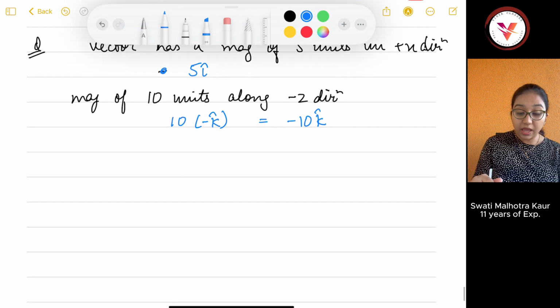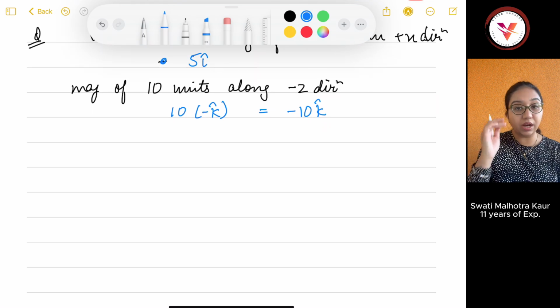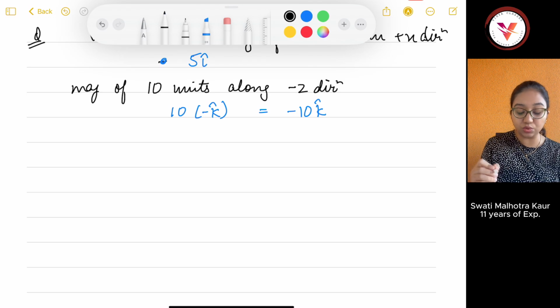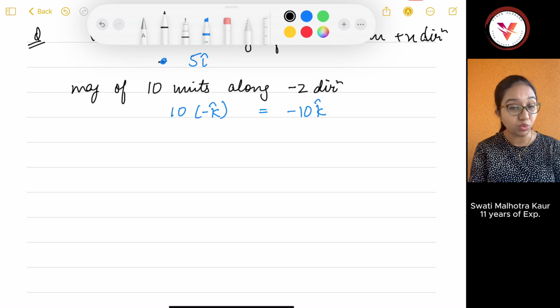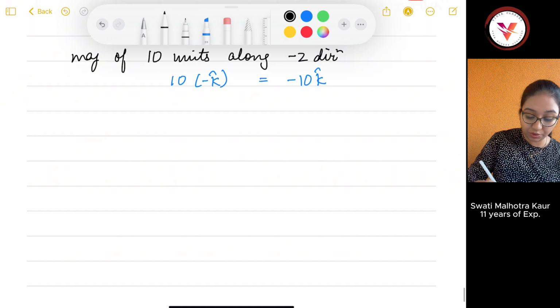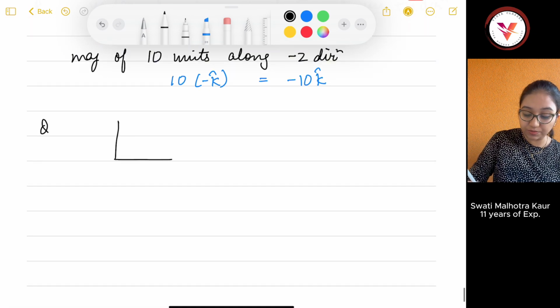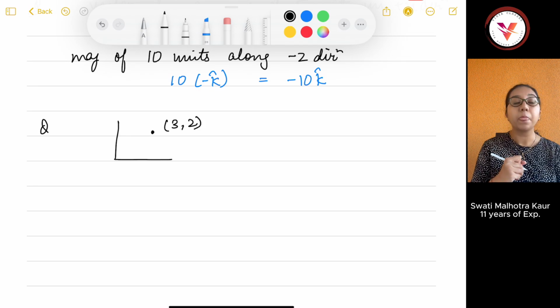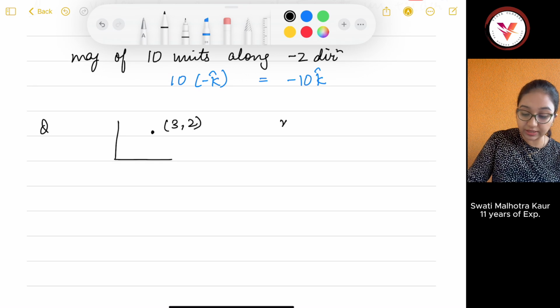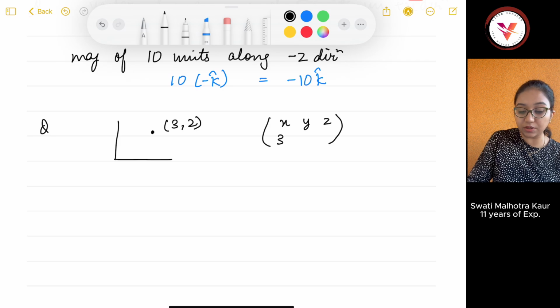Okay, now since we are learning mechanics and it is one of its tools, you have to deal with 2D and 3D things. So now you can suppose that the object is somewhere here at 3, 2. Okay, you have done in your previous classes that in the Cartesian plane, the first is your x, second is your y, and third is your z when you define this coordinate system.